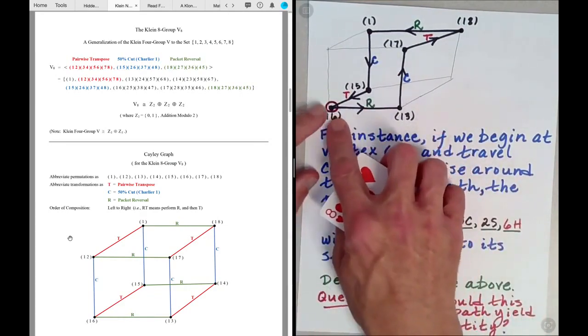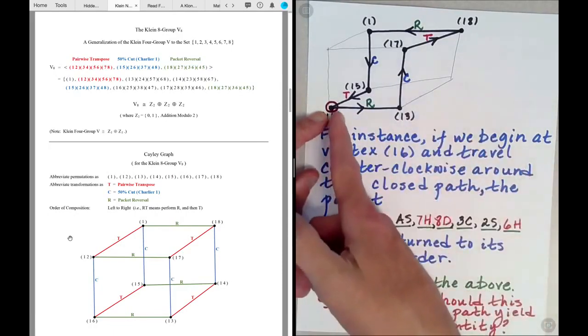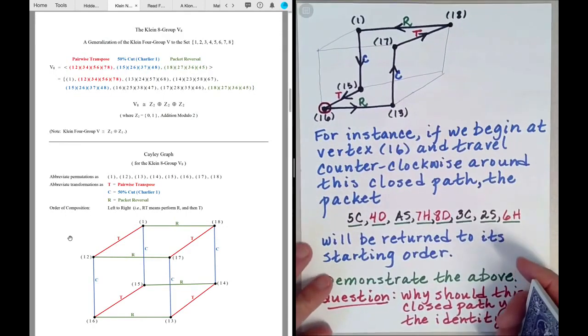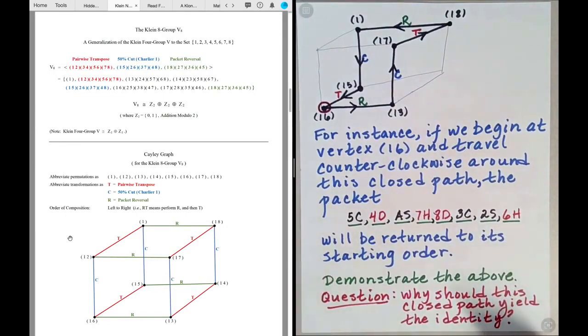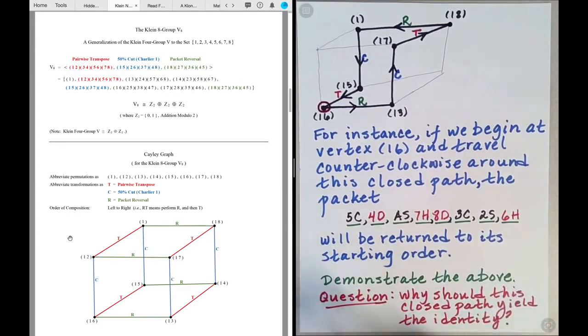So this is where we're starting. And then if we follow the arrow to the right, we would perform a reversal of the packet. Now, as we've used before, it's a powerful alternative to use the first shall be last and the last shall be first technique.